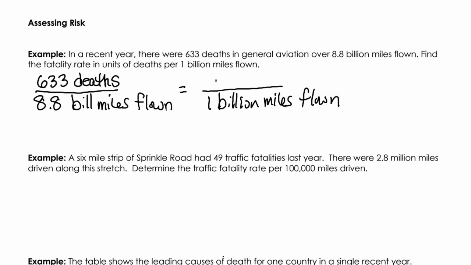So I'm going to put X up here and create a proportion. I want to find the number of deaths out of 1 billion miles, and we are using the information that they gave us in the problem to create that proportion. So we're going to use cross multiplication to solve for X. When we cross multiply, we're going to get X is approximately 71.9 deaths.